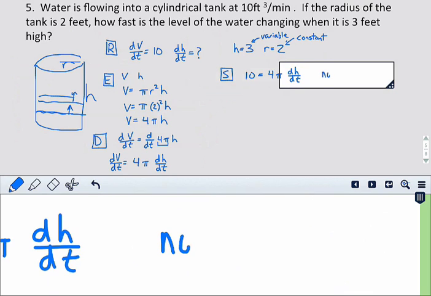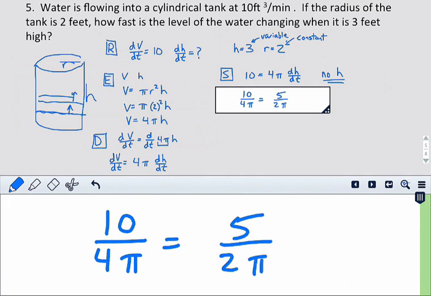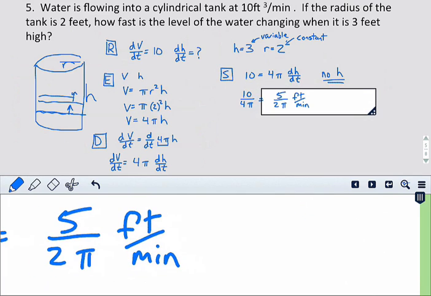And you can see that because there's no h in this equation. So now solving for dH over dt, we're just going to get 10 over 4 pi, which is 5 over 2 pi. And this is going to be feet per minute. So that is how fast the height is changing with respect to time.